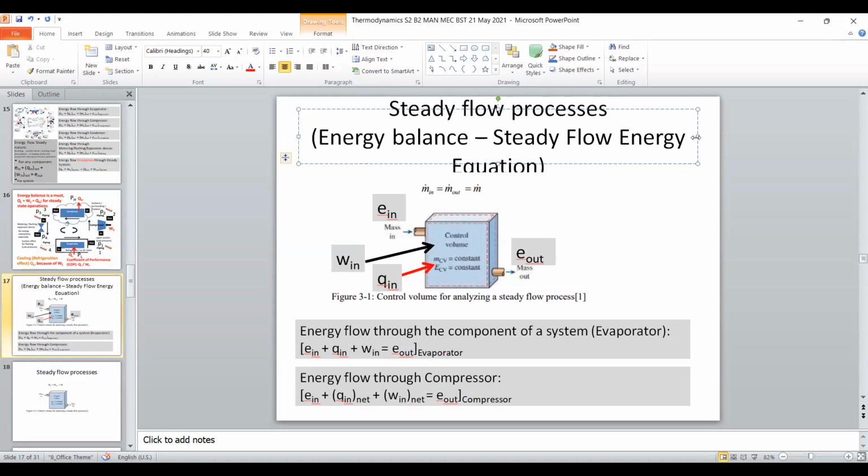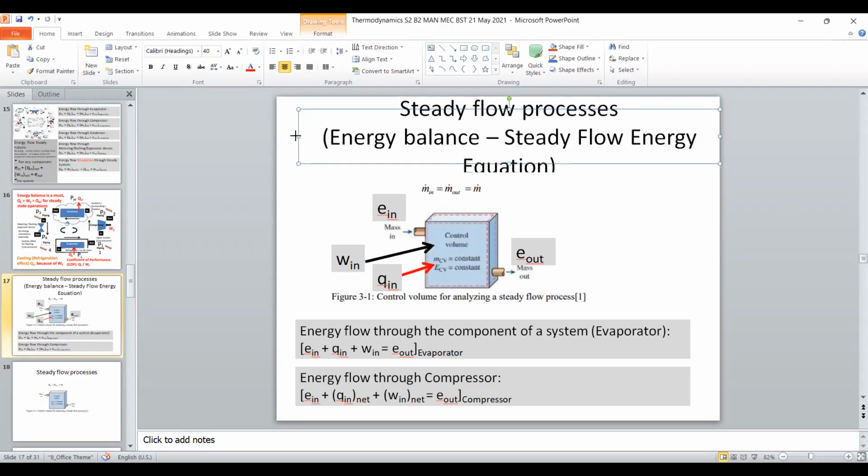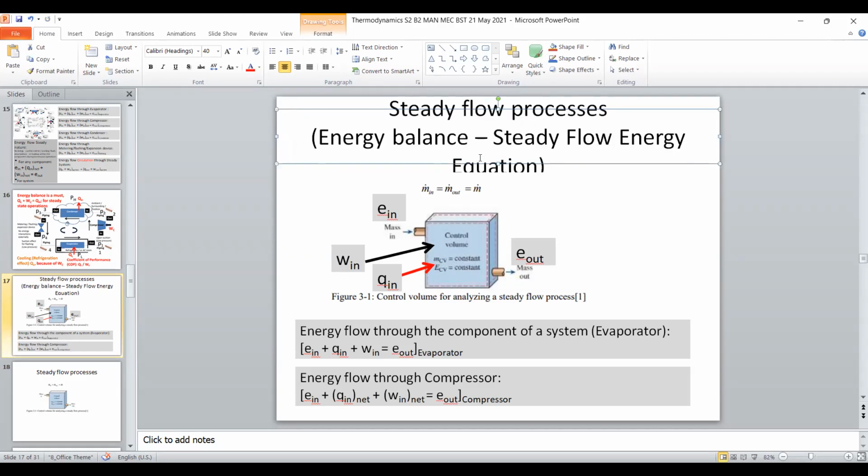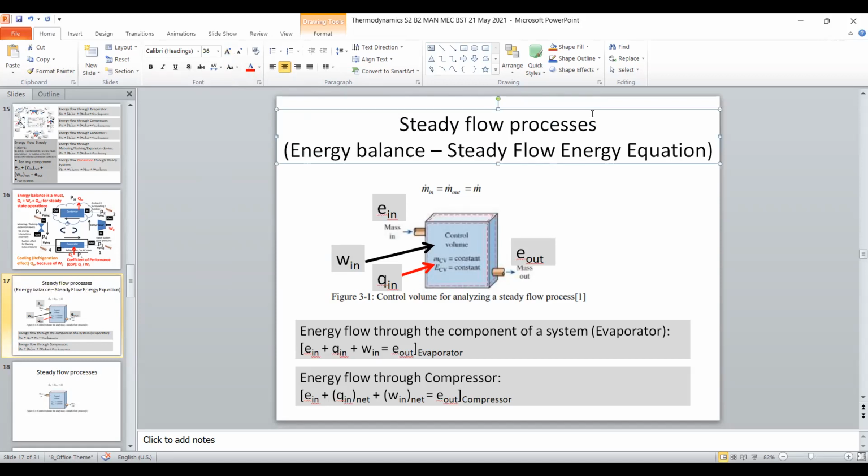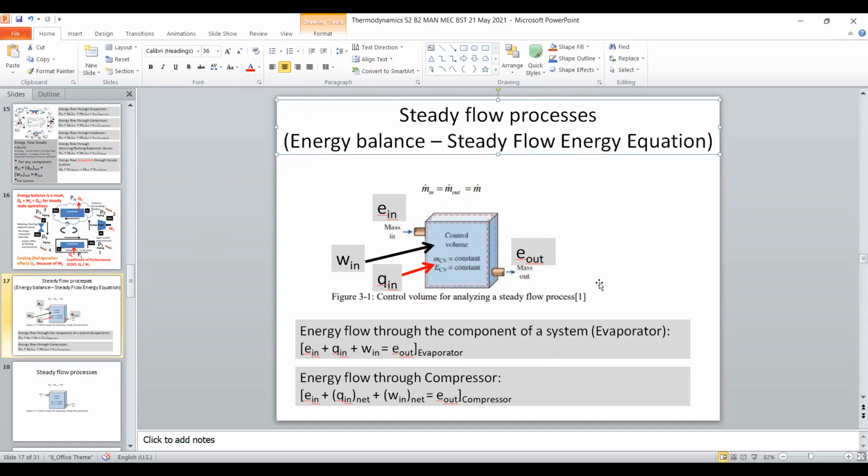Steady flow energy equation or steady flow energy balance. Okay, I hope you can understand this.